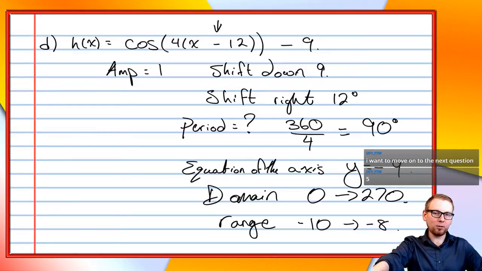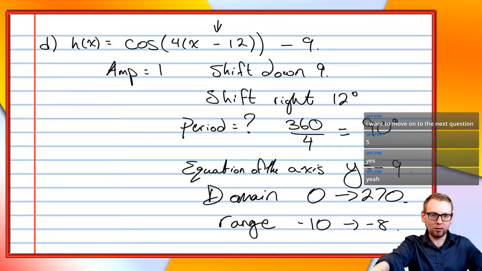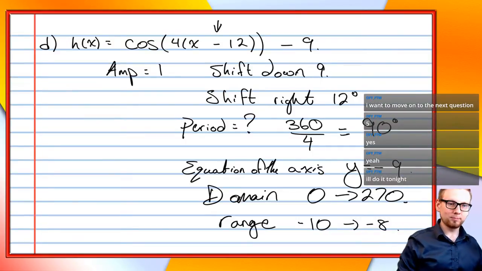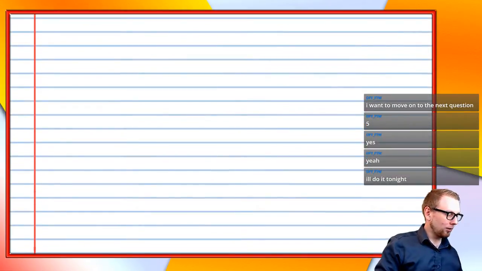Like, can you follow the process and do E and F on your own? Okay. Okay, 5.